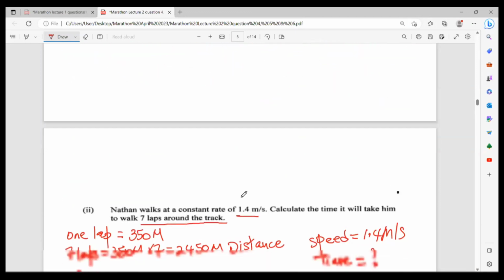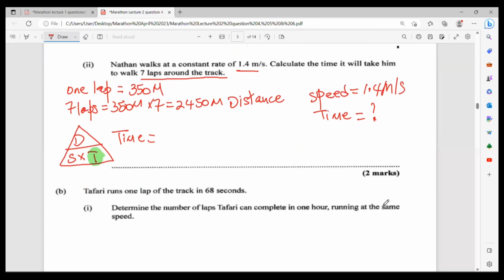All right, good. So we are here where 1 lap is 350, 7 laps is 2,450. Remember that distance, speed, and time are linked together. If you want to find the time, it's going to be the distance that you have to travel divided by the speed. So 2,450 divided by 1.4.